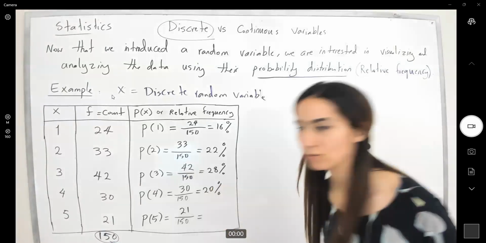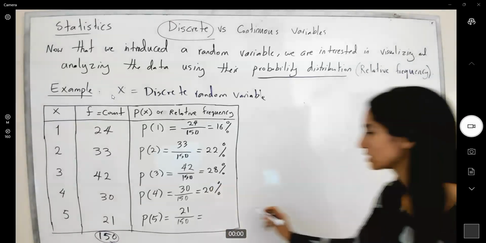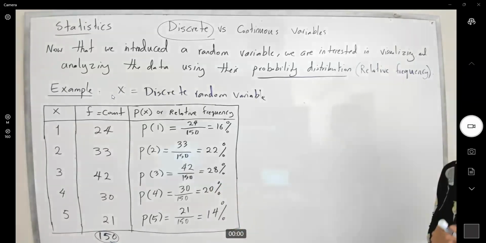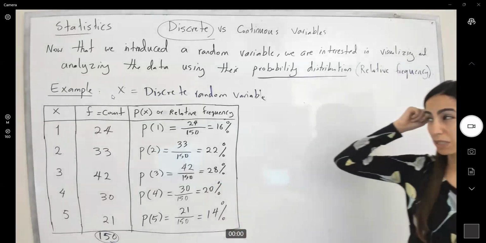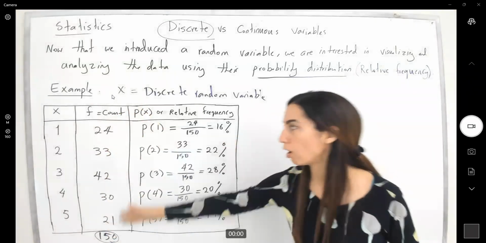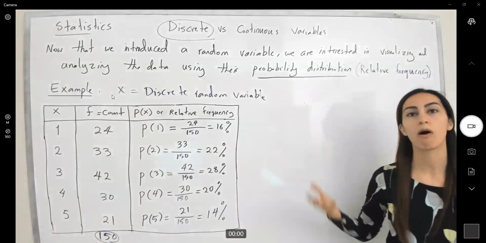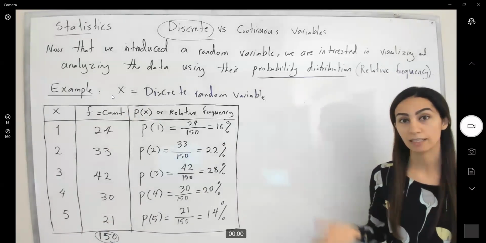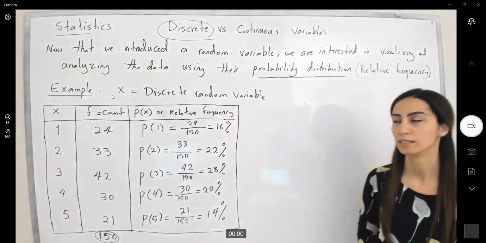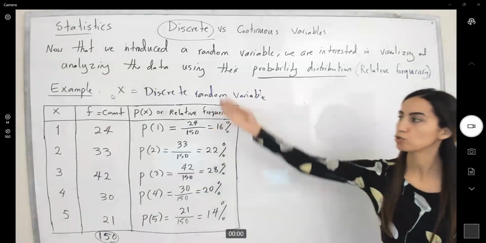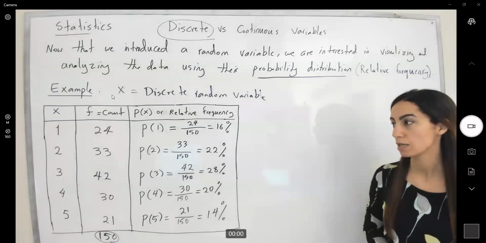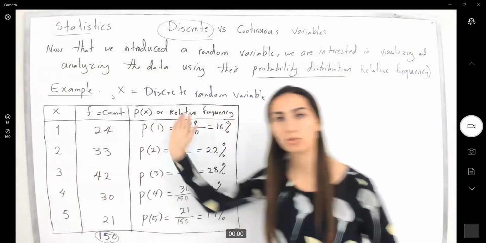And the last one is 14%. So, what's the meaning of that? It means that 16% of all employees who participated in this survey have score 1. 22% of total employees who participated in this survey got score 2, and so on.